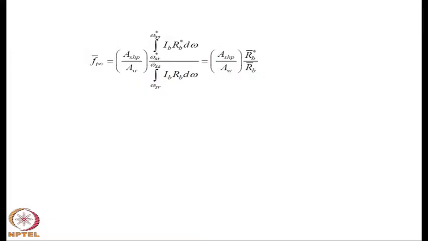So, this is what we have achieved in terms of the passive systems. Okay.